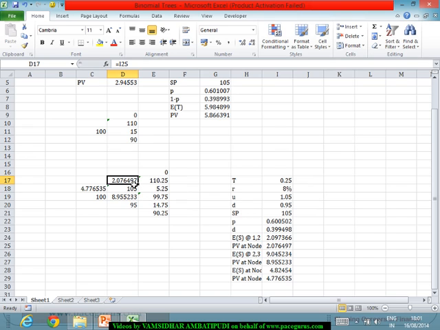So what I generally do is I do the comparison here. We have found the present value here, 2.07. In case of American, we are talking about either continuing the option until period 2 or exercising it in period 1 itself.